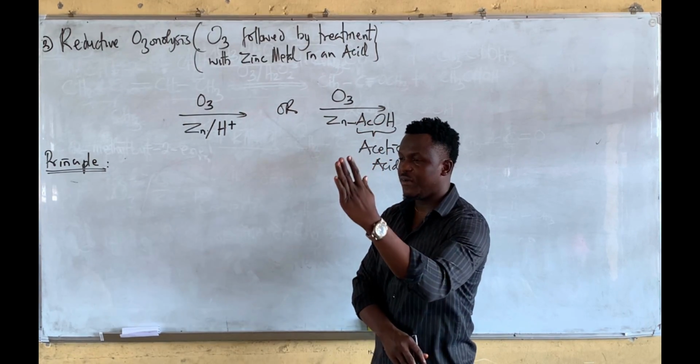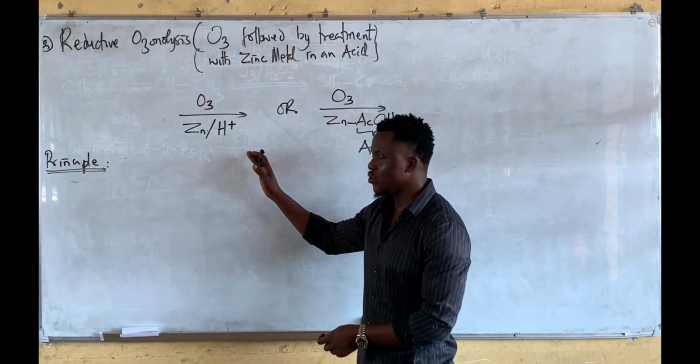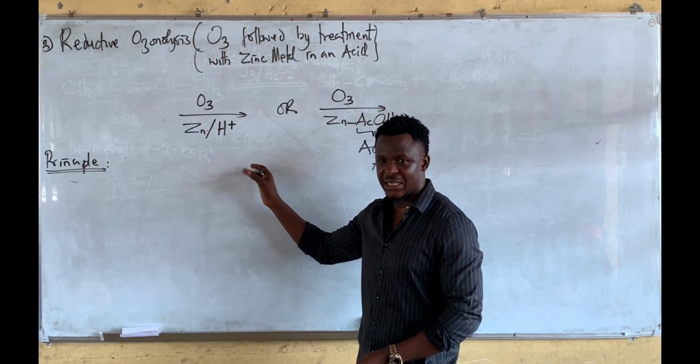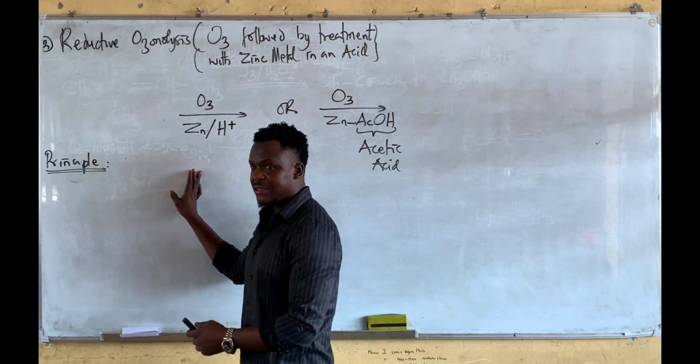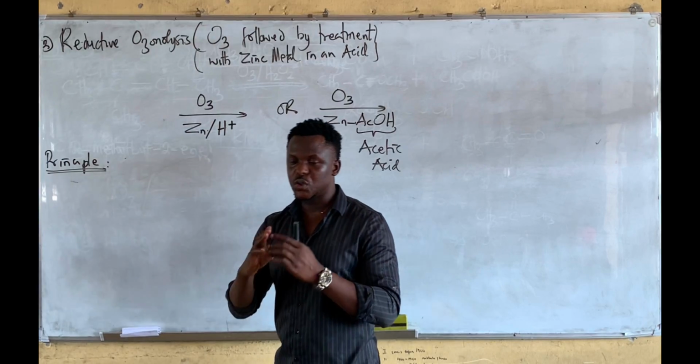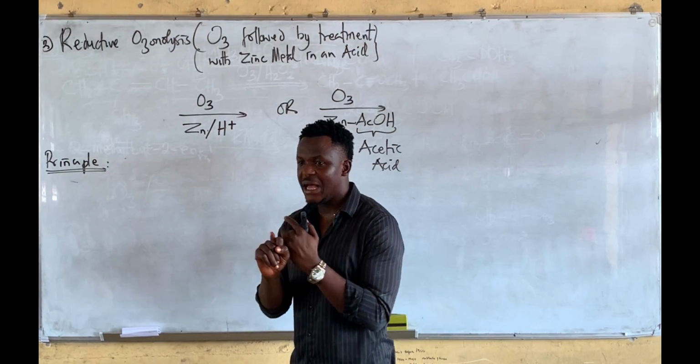The first two reagents converted to ketones and carboxylic acid. That means this one does not ever convert anything to carboxylic acid. This reagent splits the double bond into two halves and converts each half to either aldehydes or ketone.